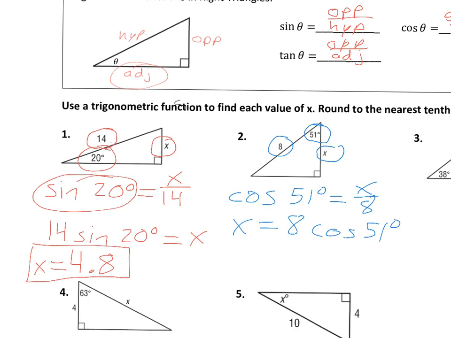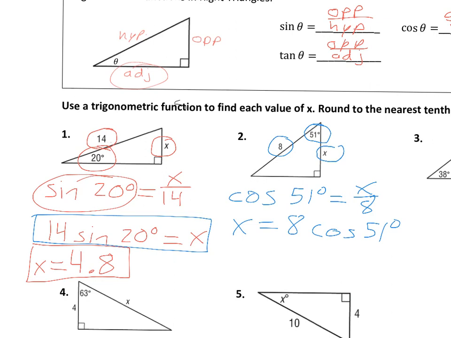Okay, to show your work, you need to get the variable you're solving for all by itself. That's called calculator ready form. So if you just write the final answer, like for number 1, if you just wrote x equals 4.8, without getting to this step, you would not get full credit.